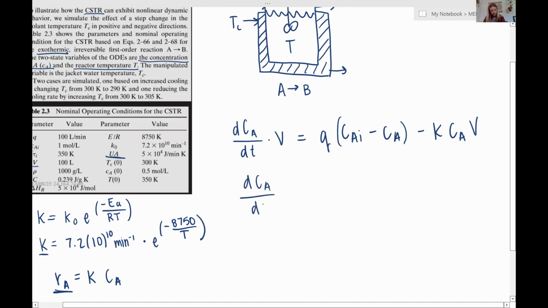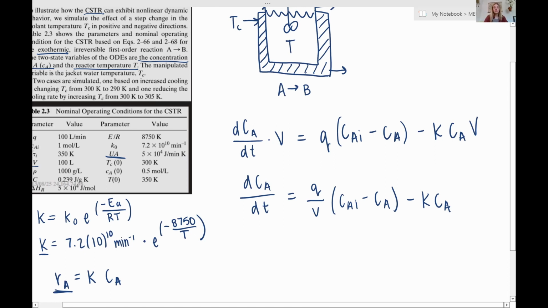So we'll have the rate of change in concentration of A equal to our flow rate divided by volume now, times the concentration of A going in minus the concentration of A leaving our tank, minus our K times Ca, which is the rate of consumption.